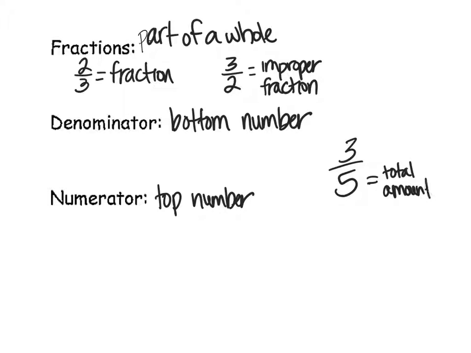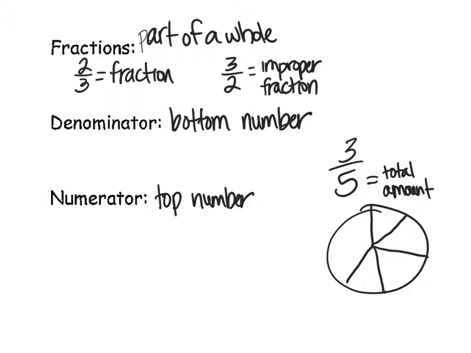Total amount. Like if I had a pizza, right? And I were going to shade, let's see, fifths, huh? How do I do fifths? That doesn't look that good, actually it looks pretty bad. Very uneven. I'm not very good at making fifths, apparently. So there's 5 total pieces, and the 3 means the number that I am working with, 3 of them. So I could do 1, I know the pieces are not even, 1, 2, 3.